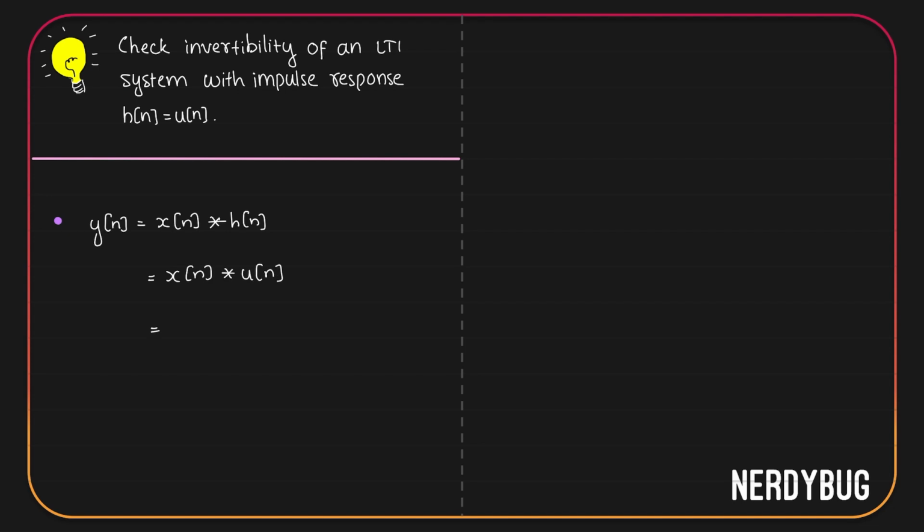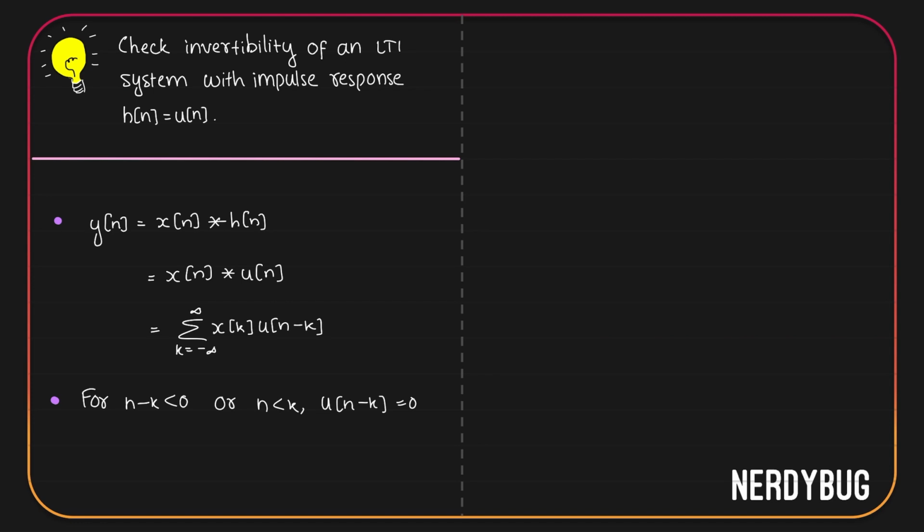So this is equal to summation from k equals minus infinity to infinity x of k u of n minus k. Now u of n minus k is a unit step sequence. It is 0 for all n minus k less than 0 and it is 1 for all n minus k greater than or equal to 0. For n minus k less than 0, or we can say n less than k, u of n minus k is equal to 0.